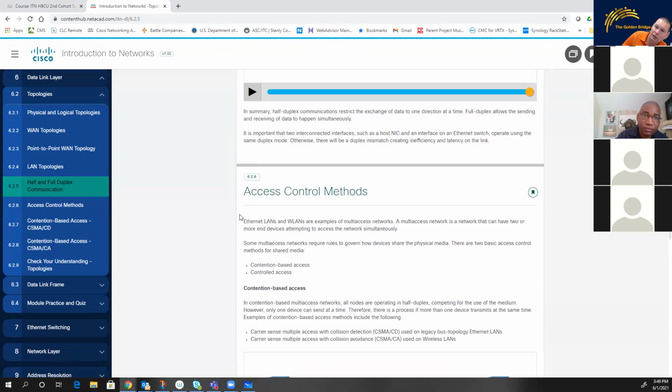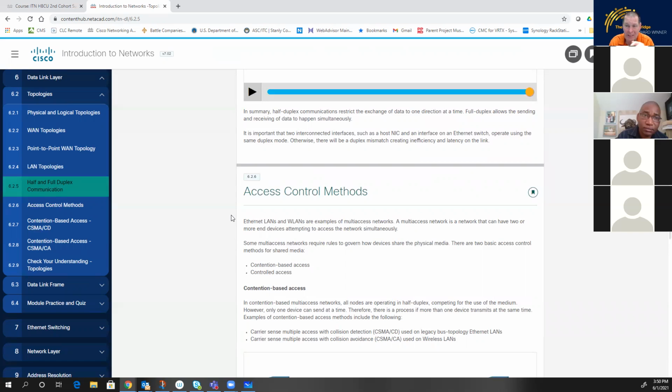Now, I told you the data link layer is designed to do access control, so how we put things onto the media. There are two main types of access control. One is contention based. If your students ever have problems thinking about what is contention based, the way I explain it to mine is this: if you are in competition with someone, you are in contention with them.